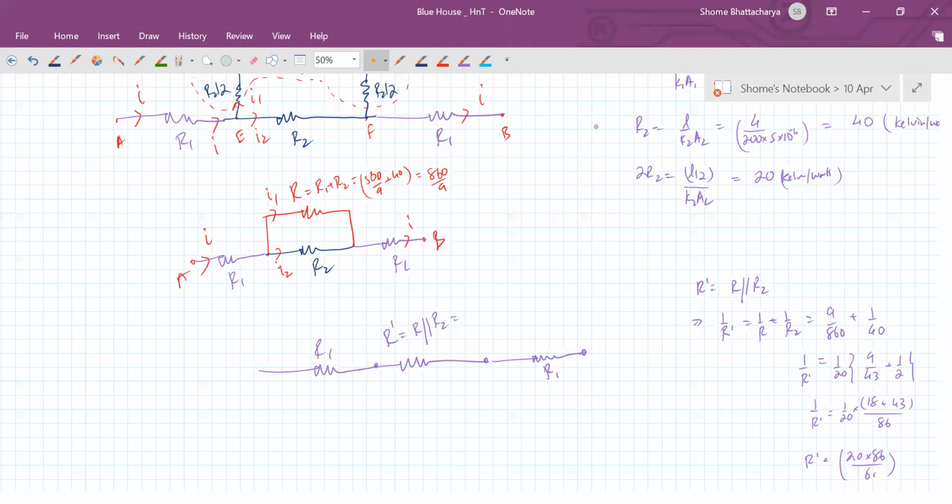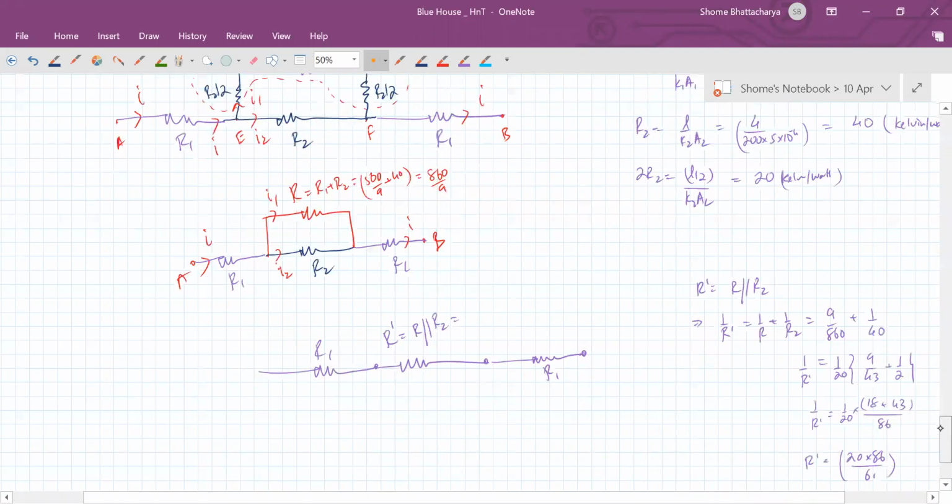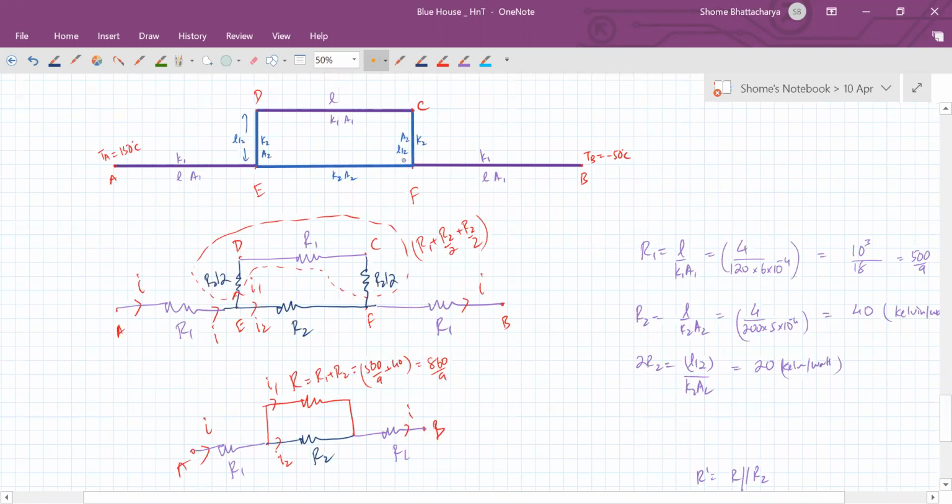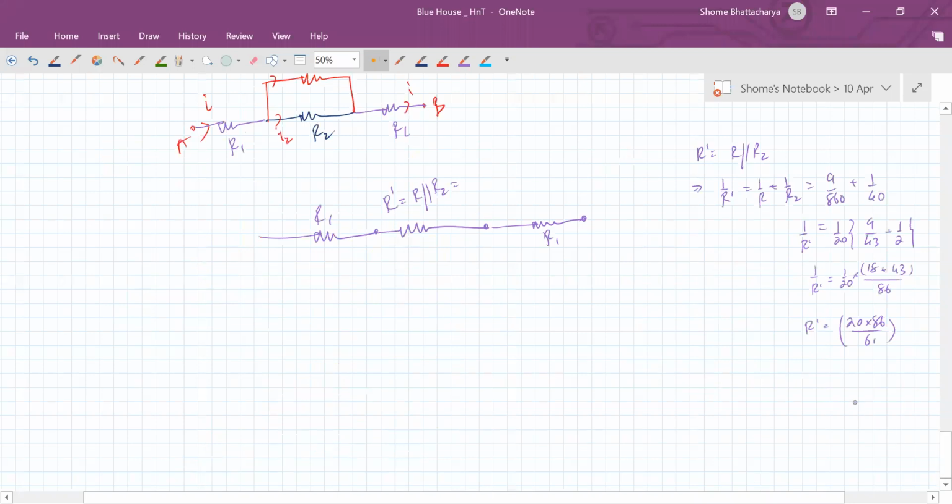It's R2 by 2, because the length is half. No? So see, in this original diagram, you can see that these resistors have half the length. So, oh sorry, yeah, this should be R2 by 2. In the diagram, I've made the correction. So anyhow, coming back to this, so we can do an approximation of this.